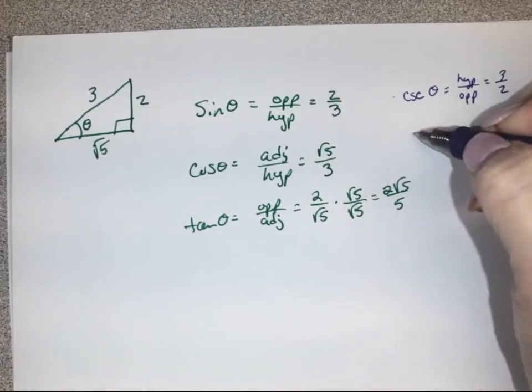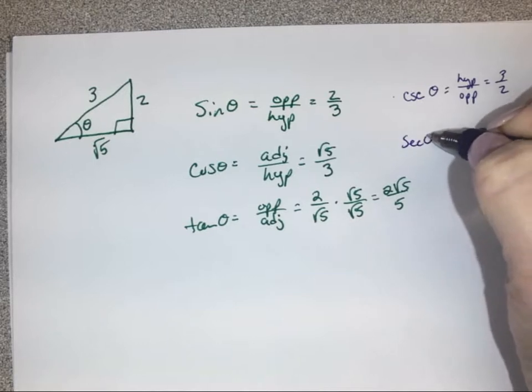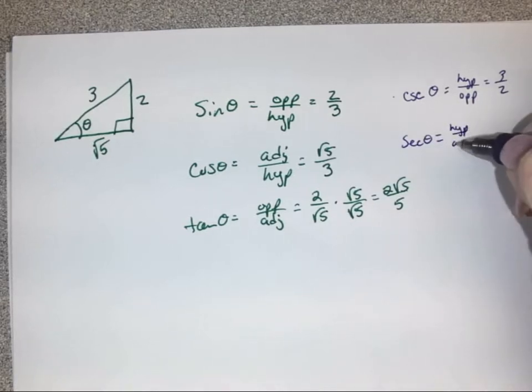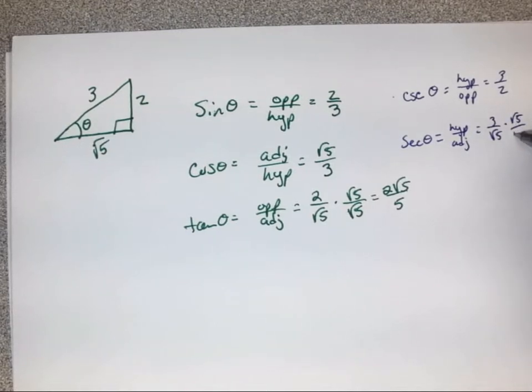For secant of theta, this would be the hypotenuse over the adjacent, which would be 3 over the square root of 5. So again, we've got to multiply by the square root of 5 over the square root of 5, and we get 3 square roots of 5 over 5.